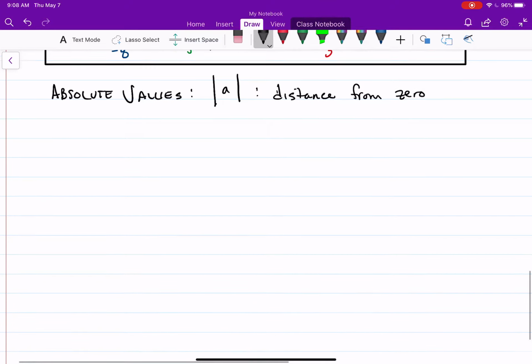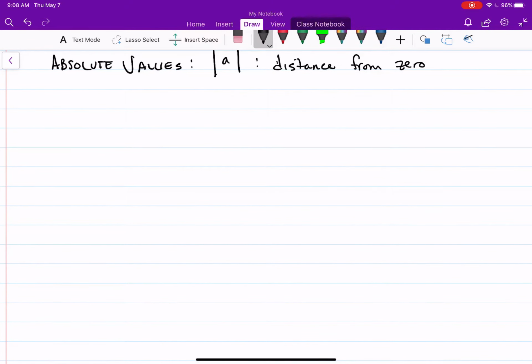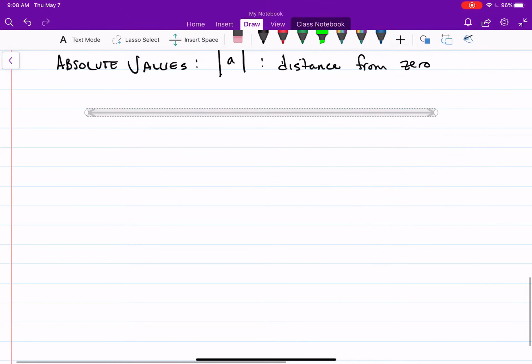So for example, let's make a number line here. And let's set 0 here in the middle.